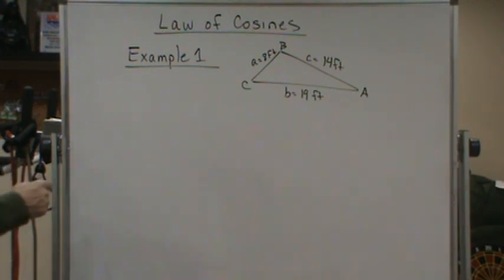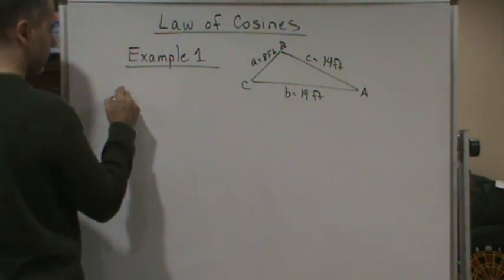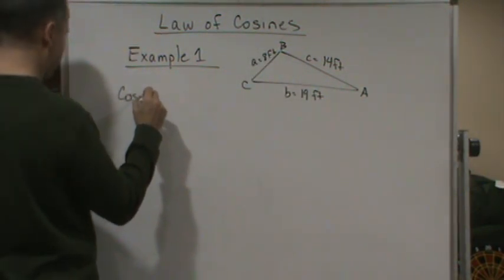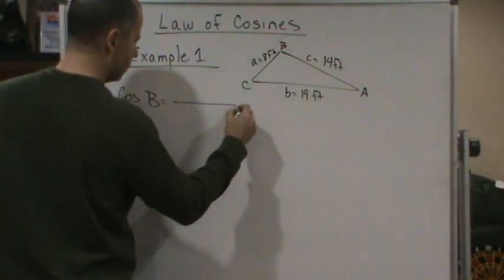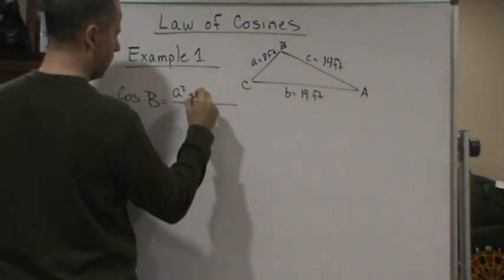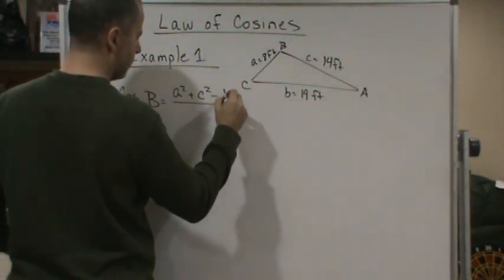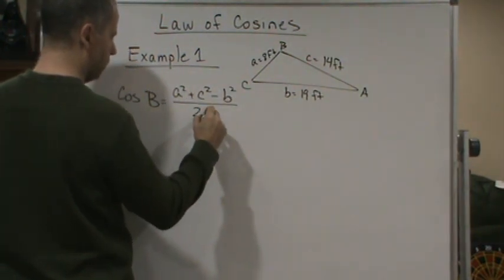So let's start with B. Let's find B. The alternate formula we're going to use is cosine B equals a squared plus c squared minus b squared all over 2ac.